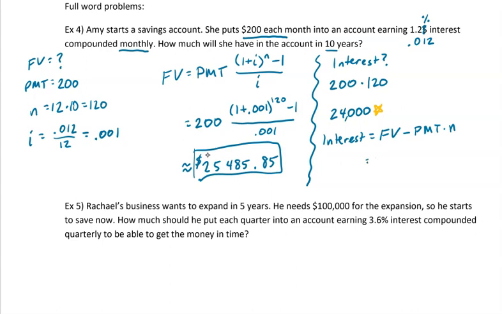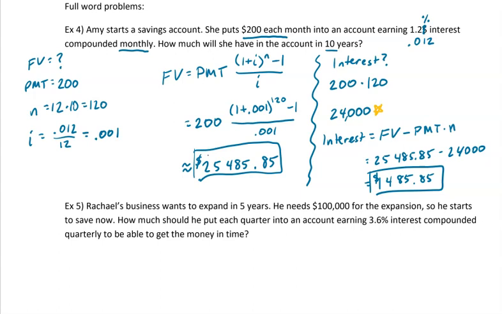All right, so that would be 25,485.85 minus the 24,000 equals $1,485.85. So that's how much she actually earned on that account.